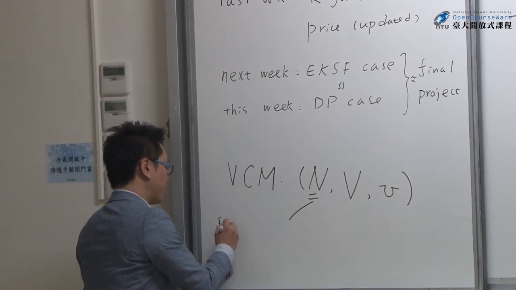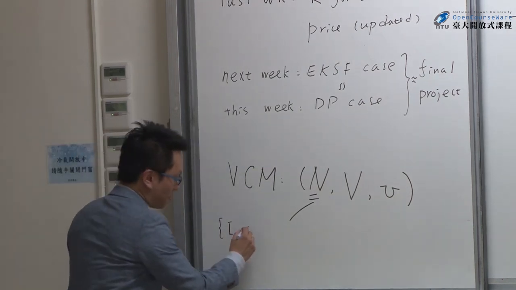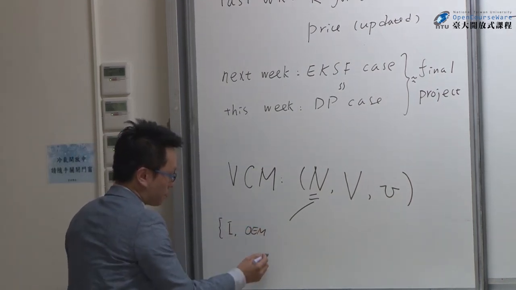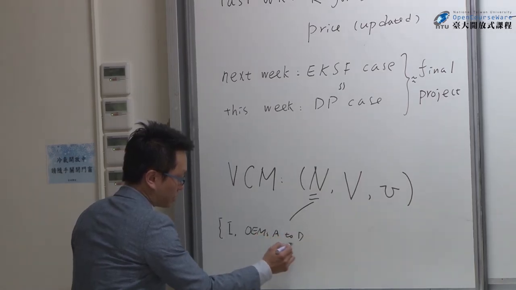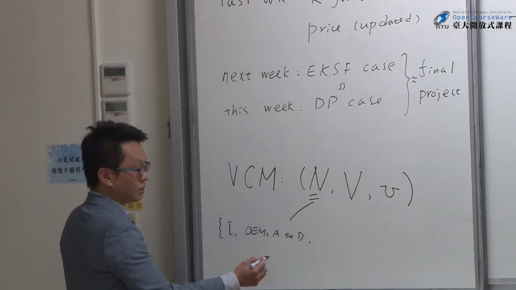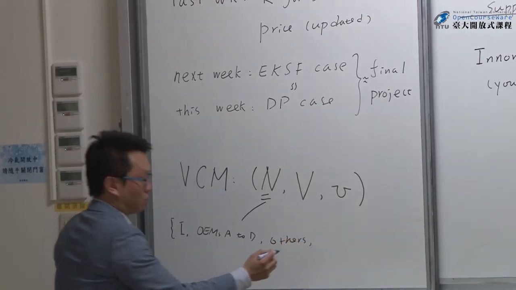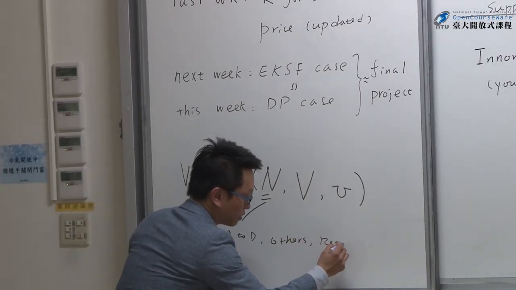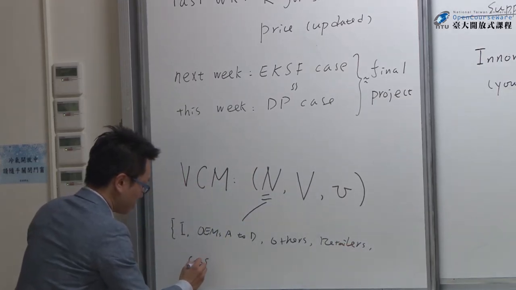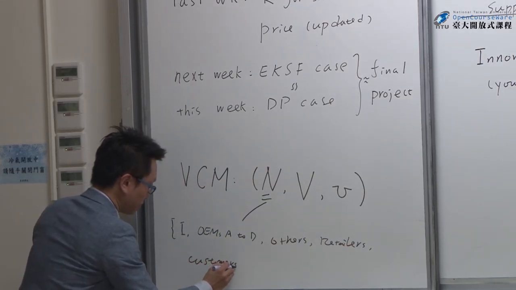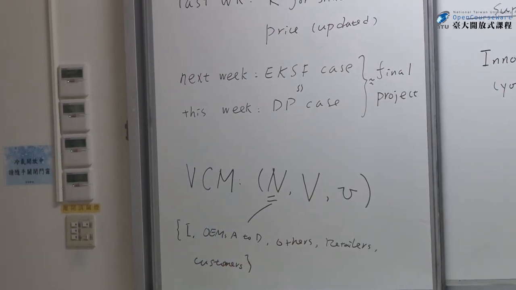We have the innovator here, and we have OEMs A to D. We also have other small OEMs, and we have retailers, and we have customers. I do believe you will face the same situation when you work on your case.